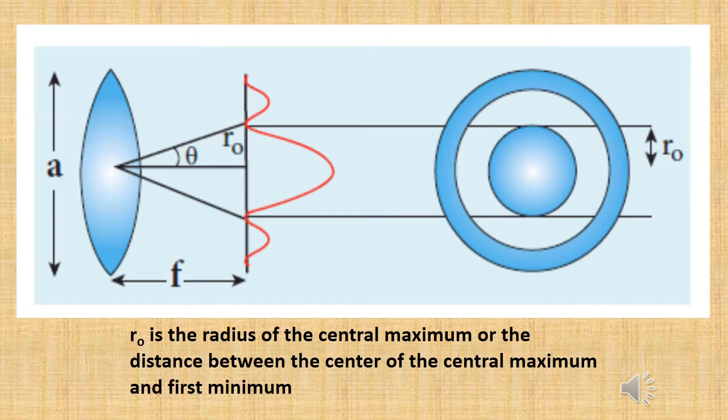What is R0? R0 is the radius of the central maxima, or you can call it the distance between the central part of the central maxima and the first minimum. And F is nothing but the focal length of the given lens. By using these parameters F, A, R0 and theta, we are going to derive the expressions for theta and R0.